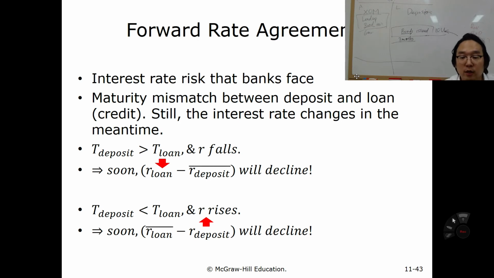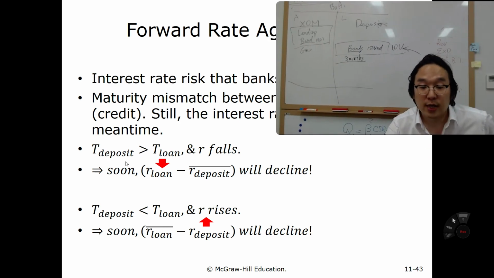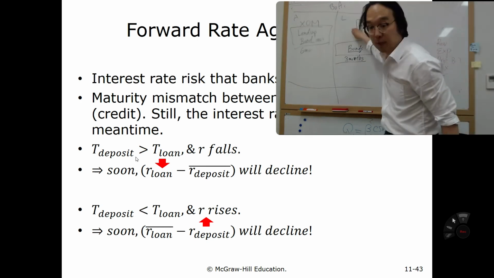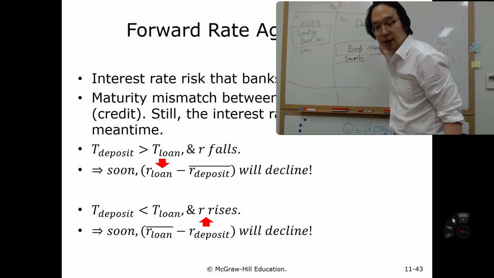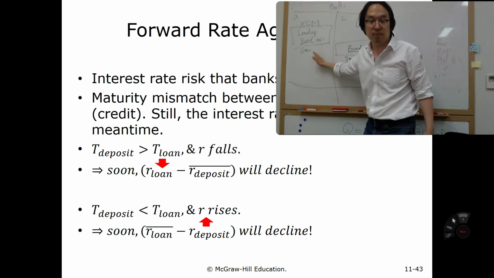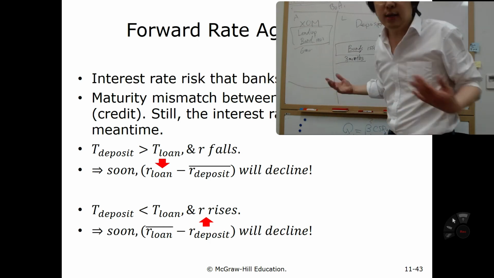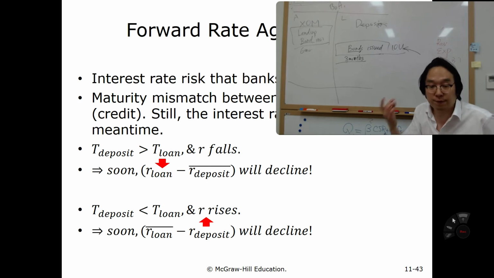So here is one situation. The first bullet point is that the maturity of deposit over here is longer than the maturity of your loan in your asset, okay? So in that case, if the market interest rate falls, soon what will you have?